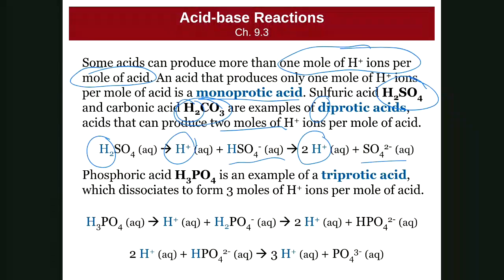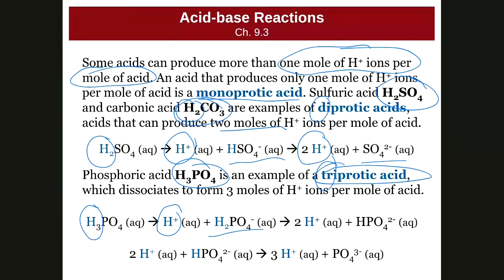Phosphoric acid, on the other hand, is a triprotic acid. It forms 3 moles of hydrogen ions per mole of acid when it dissociates in water. So you see there's 3 hydrogens in the formula, so it can produce 1 and this dihydrogen phosphate ion.